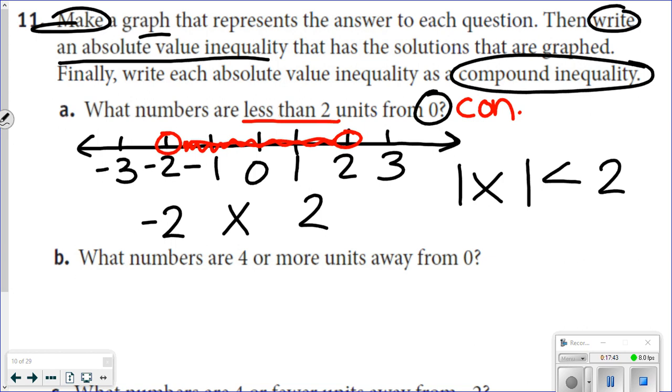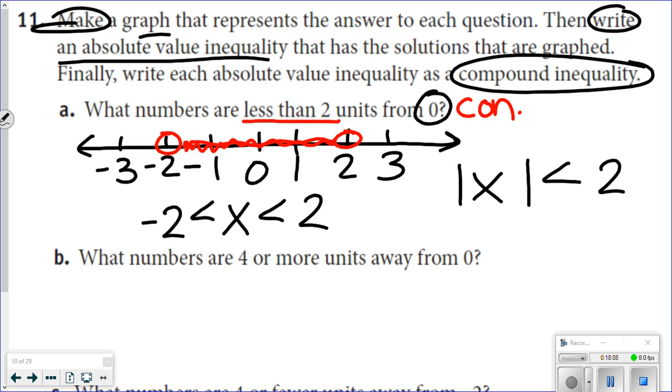We are going to drop in our inequality signs here. So we need x is greater than negative 2, but x is less than 2. So here's my graph. I have my absolute value inequality, and then I have my compound inequality, which is my conjunction here.